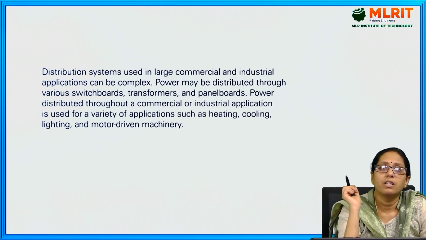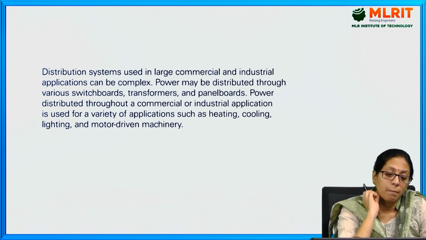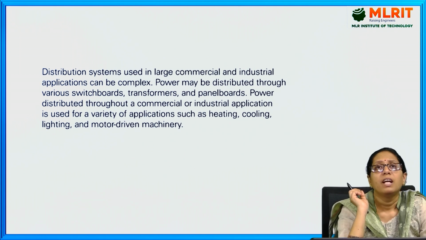Here you can see the distribution system used in large commercial as well as industrial applications can be complex. That means when compared to residential, the commercial as well as the industrial applications are complex.